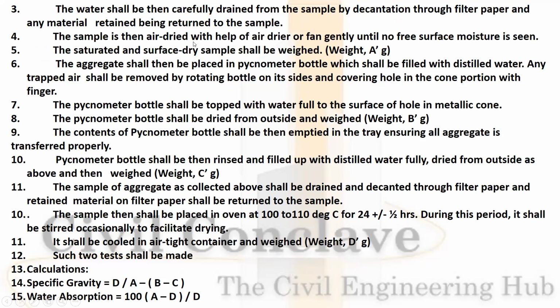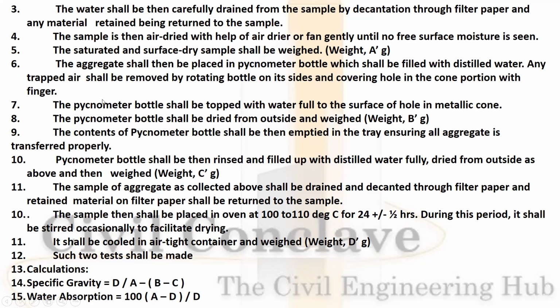The water has to be carefully drained, and the material retained is returned to the sample. The sample is then air dried with the help of an air dryer. The saturated and surface dry sample shall be weighed, that is A grams.